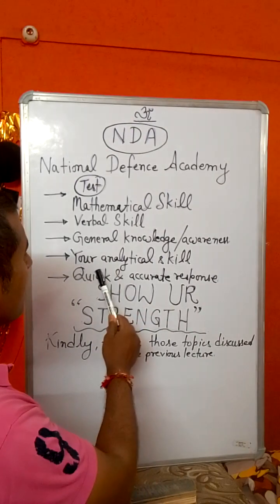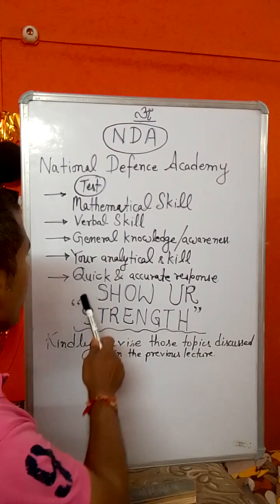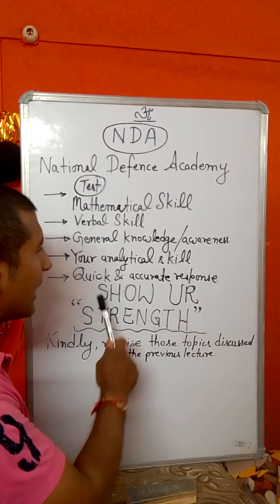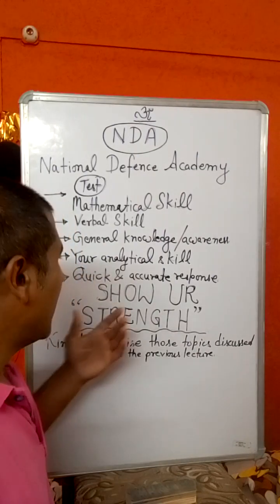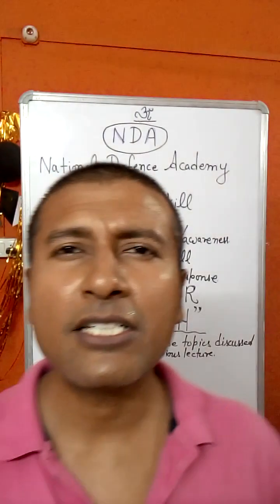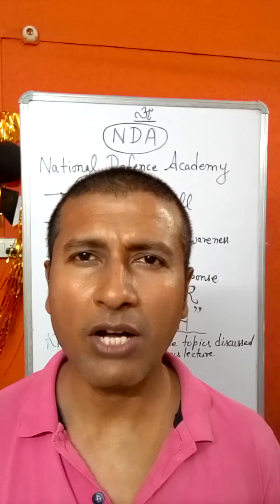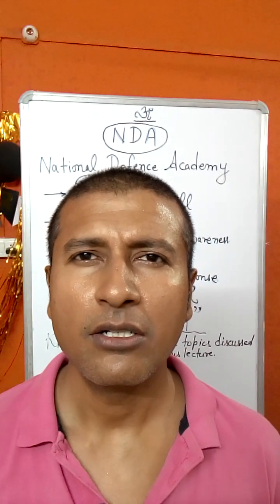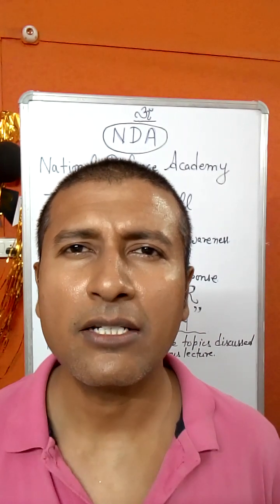Then they check the analytical skills, and moreover, they check the quick and accurate response of the candidate, right? And finally, they test your strength. So what do you have to do? You have to show your strength, right? So let's understand it once again.